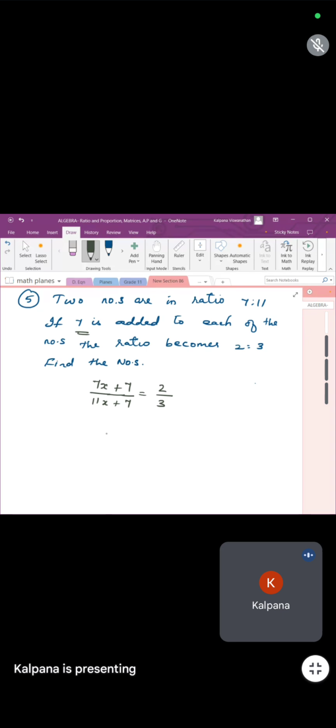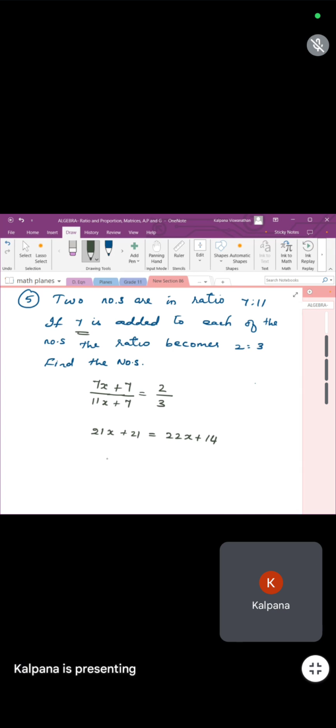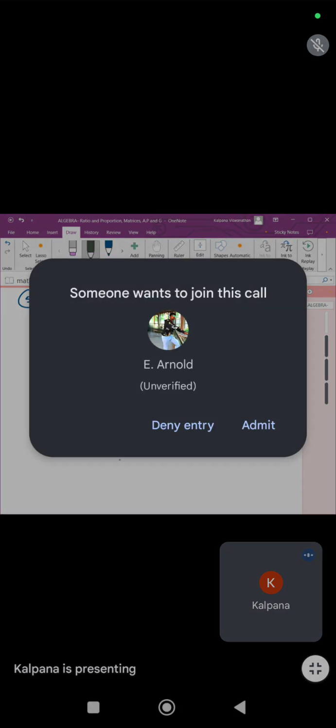Cross multiply. 21x plus 21 equals 22x plus 14. Yeah, very good, Chaitra. What is the value of x?